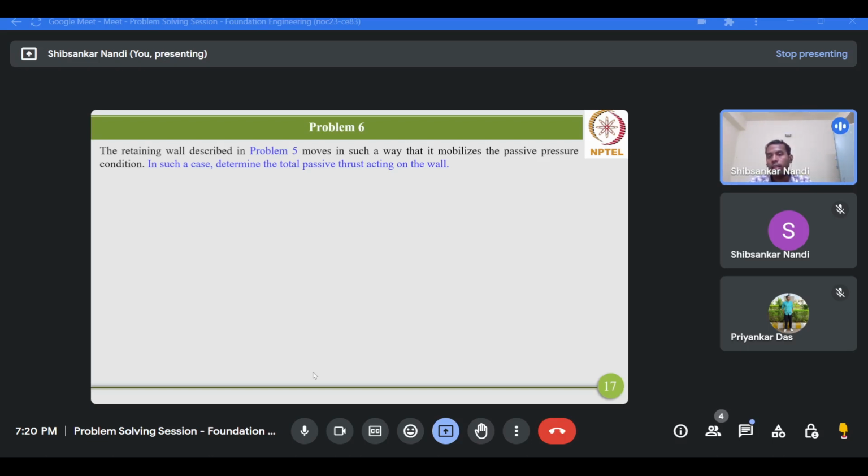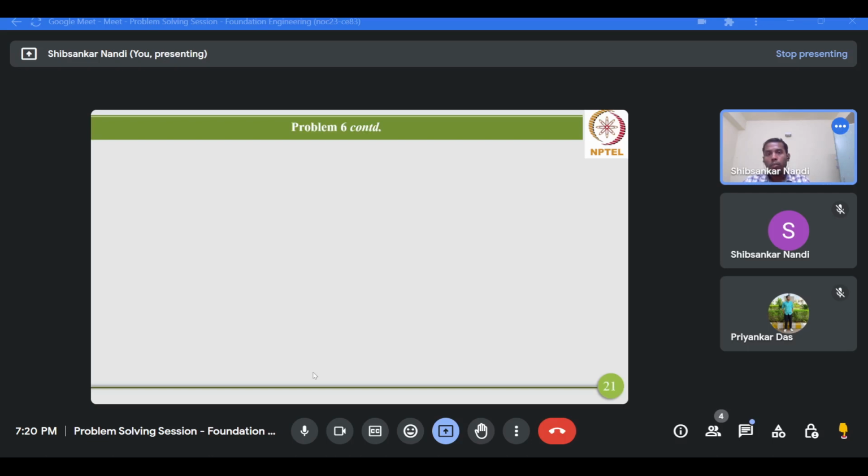We'll take the same problem and now consider that the wall is moving in such a way that it mobilizes the passive pressure condition. So we'll determine the total passive thrust acting on the wall. In the previous problem, we determined the total active thrust acting on the wall before the formation of tension crack.